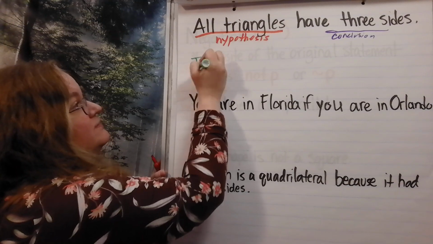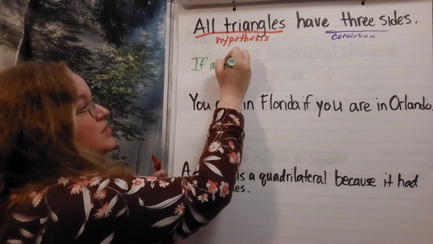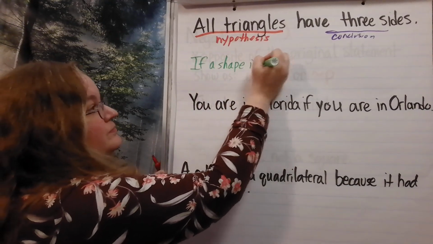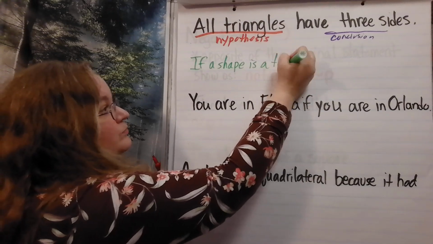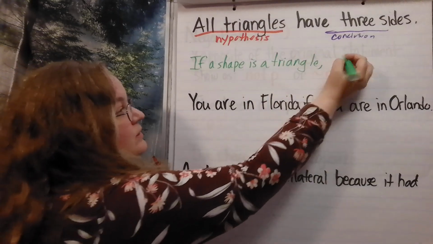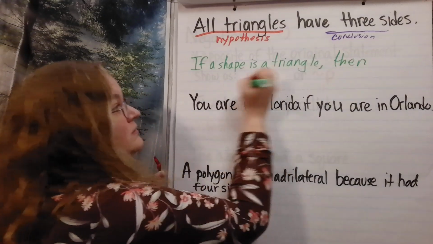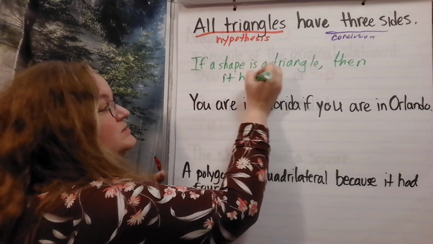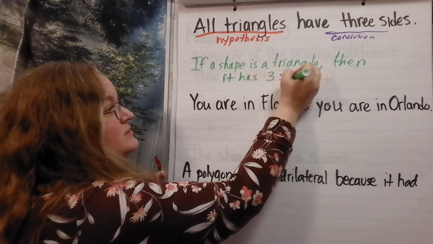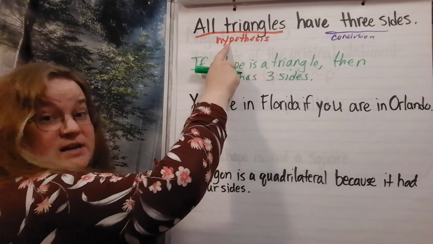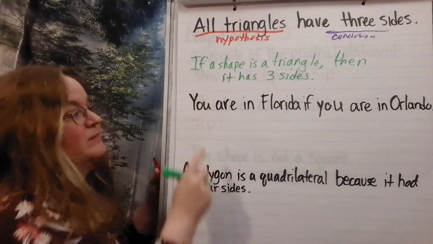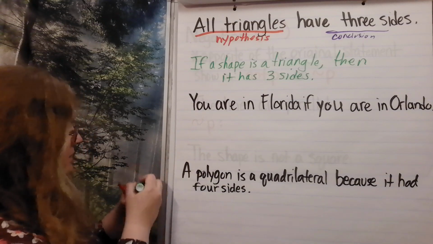If a shape is a triangle, then it has three sides. I've taken this statement and I've written it in if-then format.